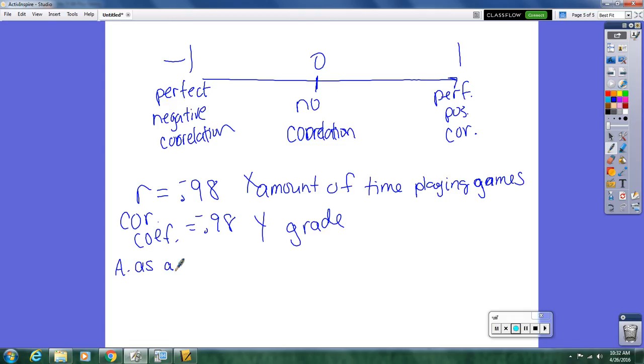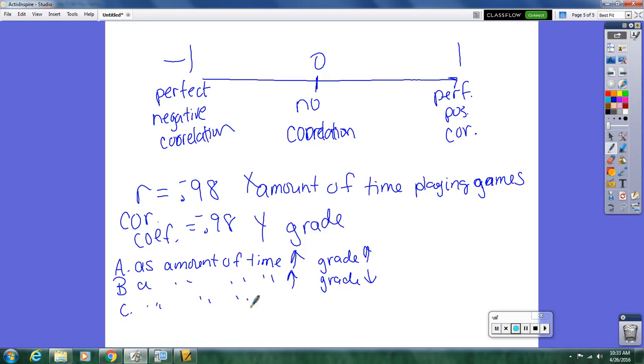I'm going to start abbreviating. As the amount of time increases, the grade increases. And same thing, as the amount of time increases, the grade decreases.